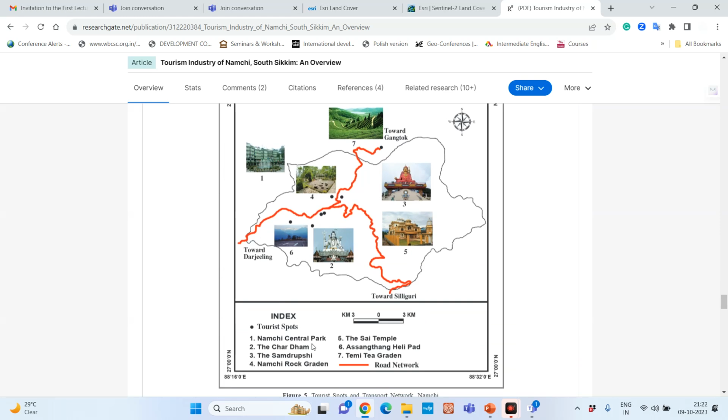In Europe you would call it the Centrum, and Chardham is there. Spot number two is located over here. This way you can prepare a map of a particular city, Jidang, and find the number of spots there, so you can make a plan for how the tourism will be.